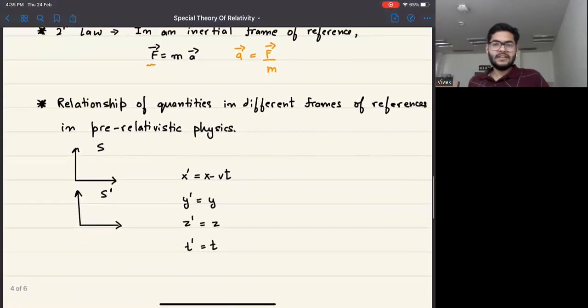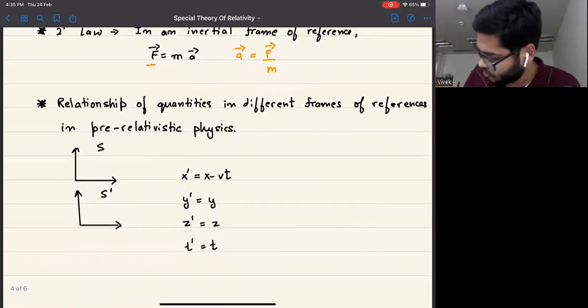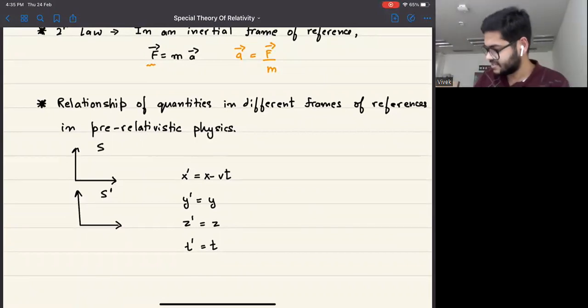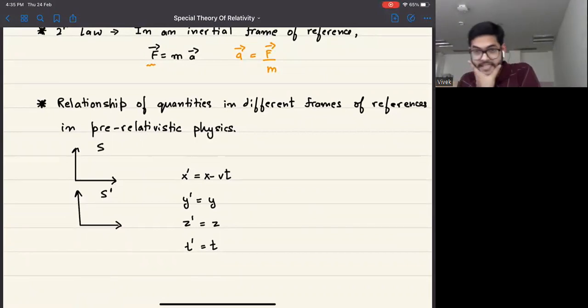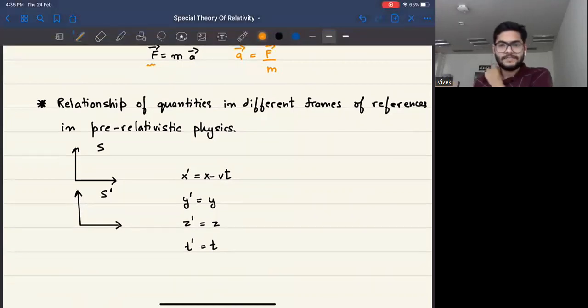Now, having discussed the two laws of motion, let us look at the Galilean transformation. What does a Galilean transformation mean? Let us say that we are in a particular frame of reference.